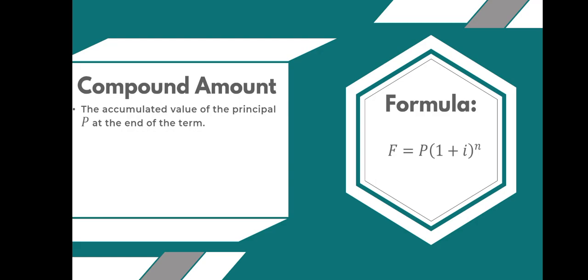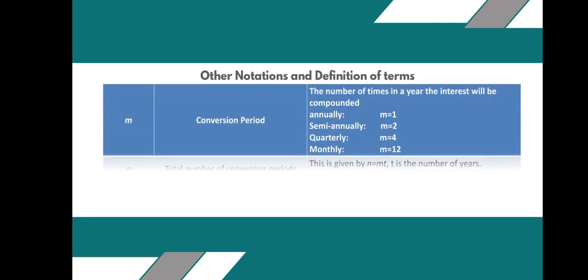F is equal to P times (1 plus I) raised to N, where P is the present value of F, and I naman is yung periodic rate, and N is the total number of conversion periods. So, don't worry, meron din tayong formula, no, para sa I at saka N. So, these are the other notations and definitions of terms that we need to be familiarized with.